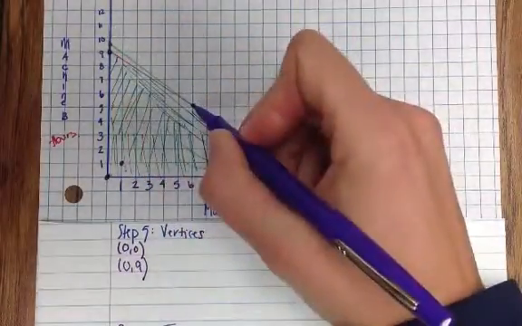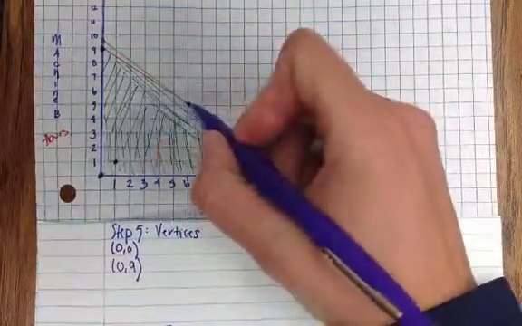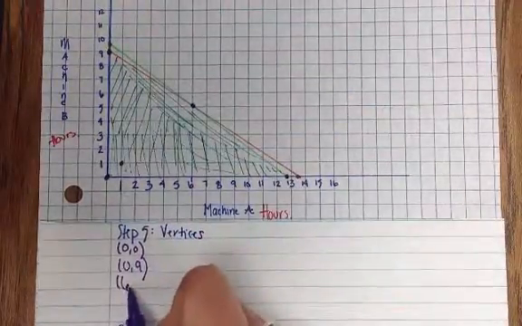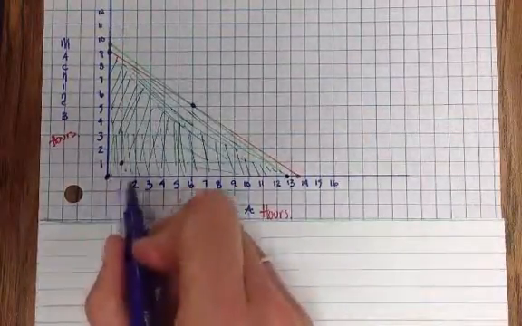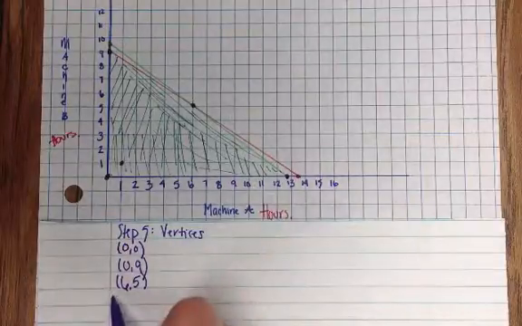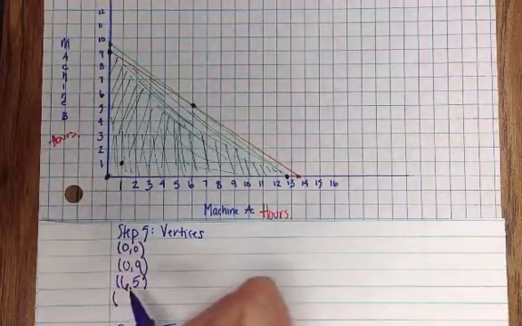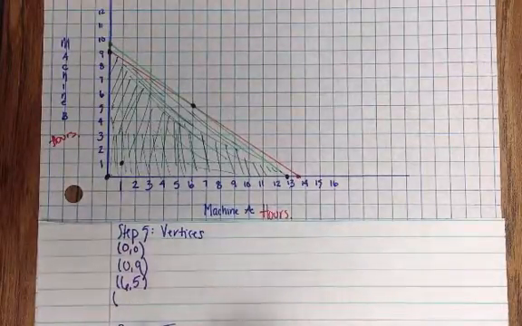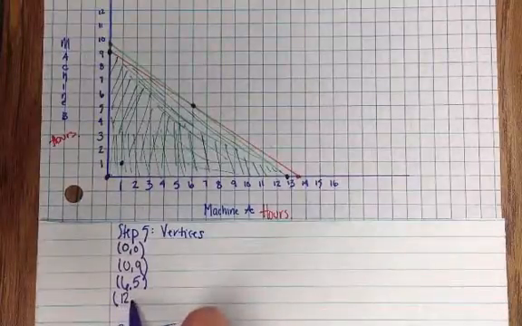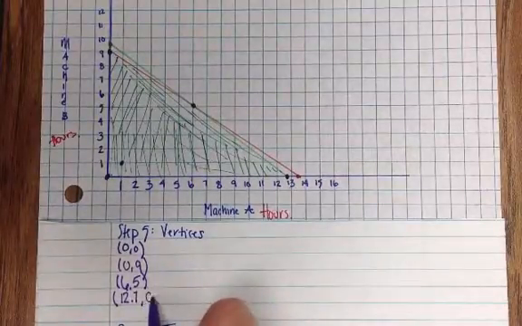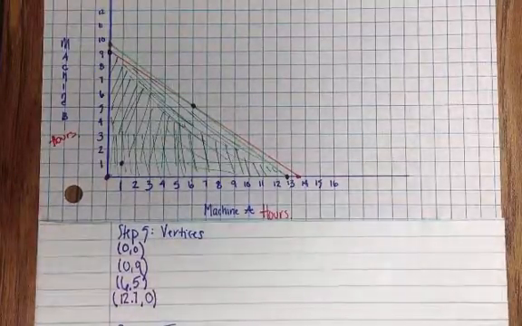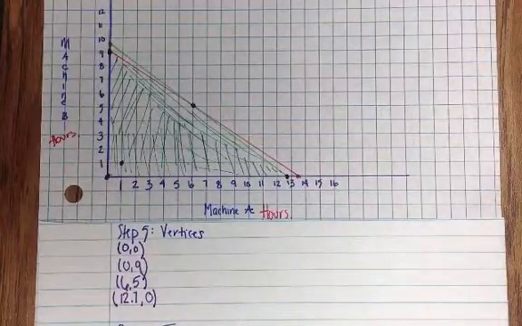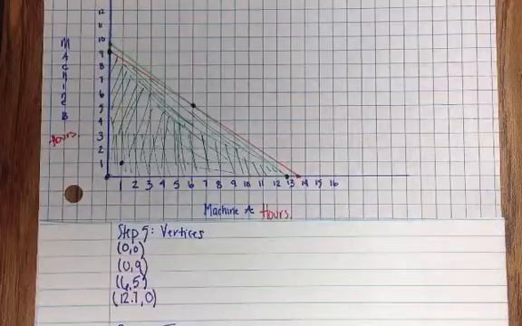Our third vertice is 6, 5. And our final vertice in our feasible region is that 12.6 repeating, so 12 2/3. I'm going to round that to 12.7 and 0. Okay, just because we're going to have this 2/3 of a part, which would be 2/3 of a steering wheel, which is not possible to have.